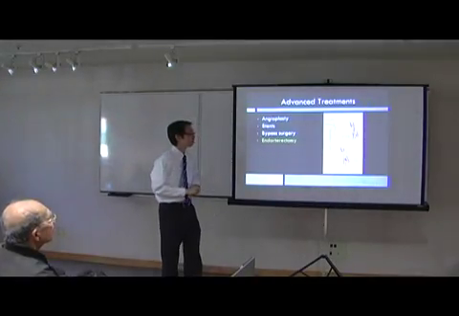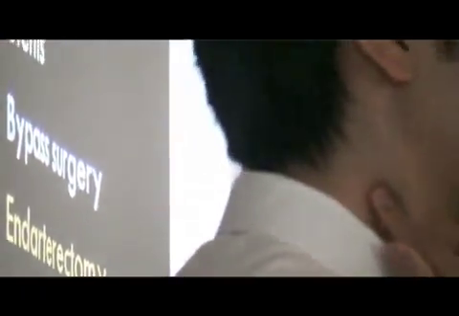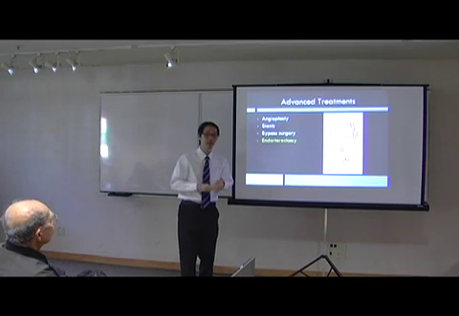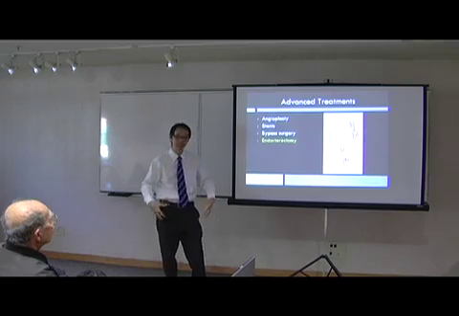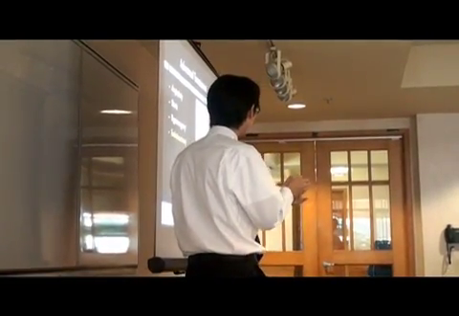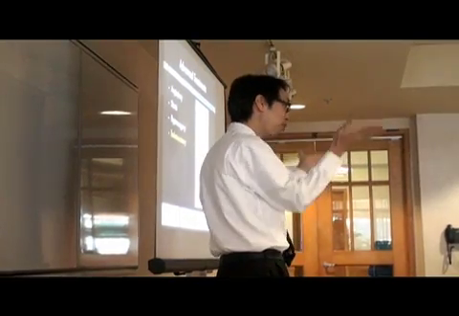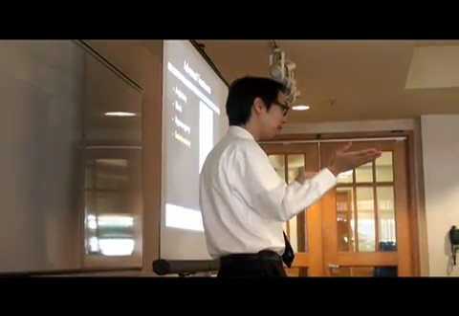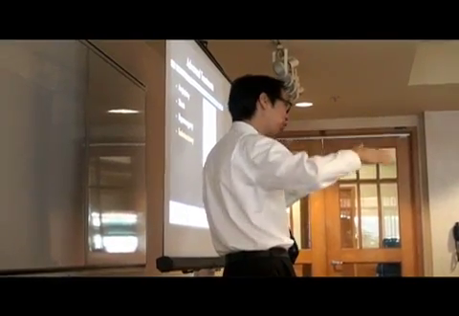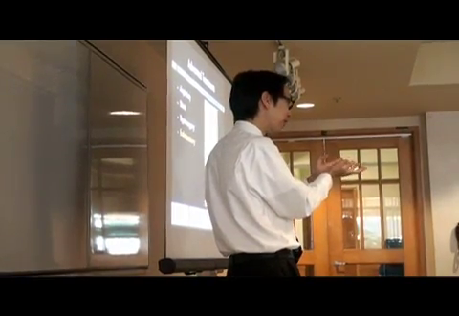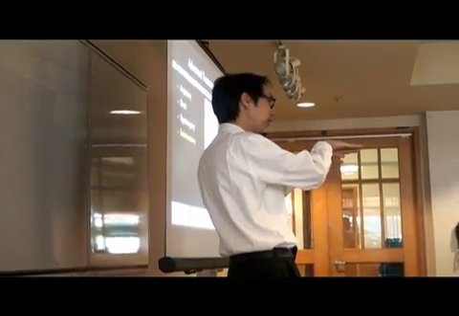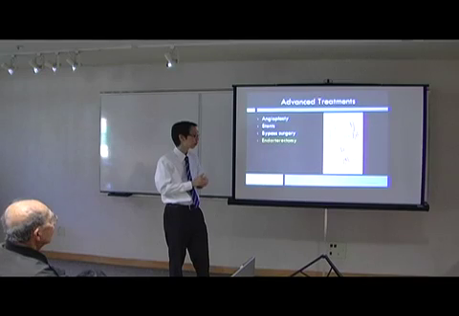There's a procedure called endarterectomy, what we do often for the carotid arteries, but it can also be done in the leg arteries, especially at the groin site, where a surgeon will cut open the artery and scoop out the plaque and all the calcium that might be there and sew it up once again.